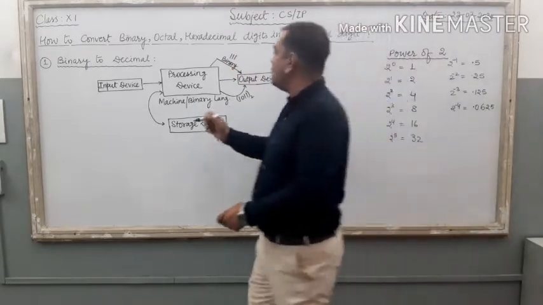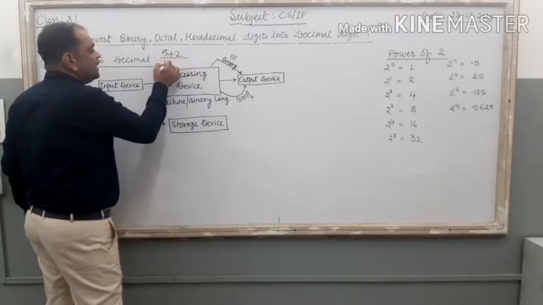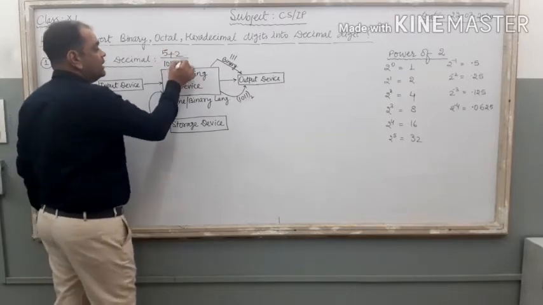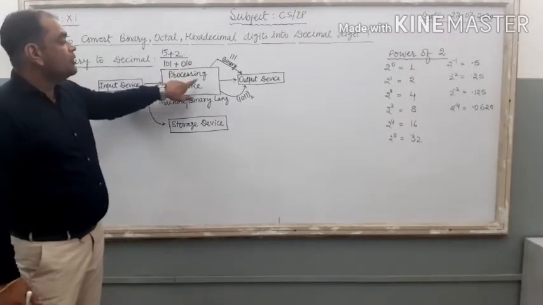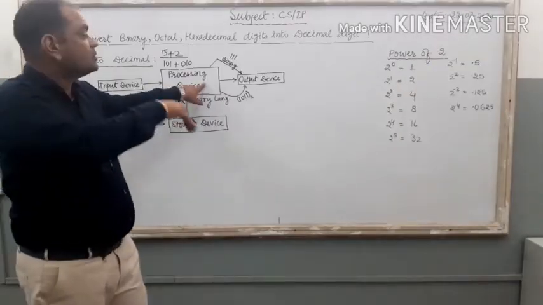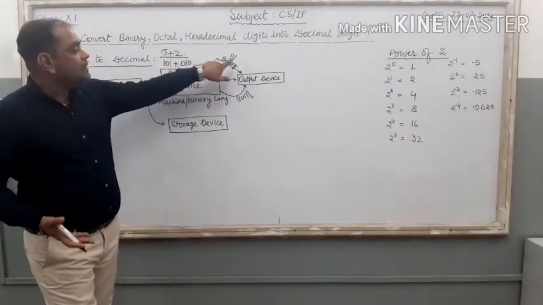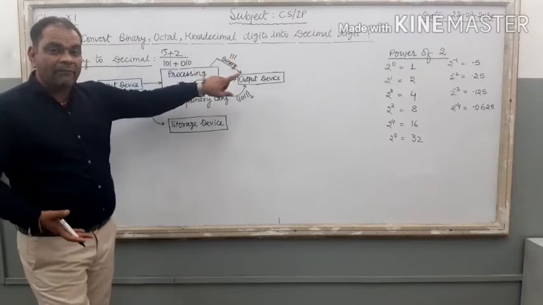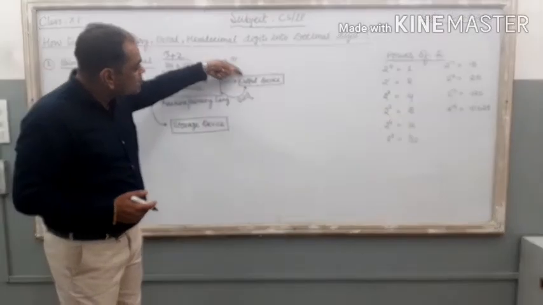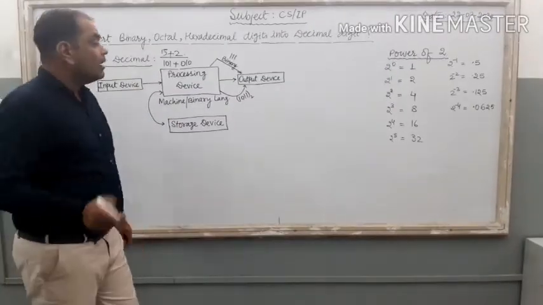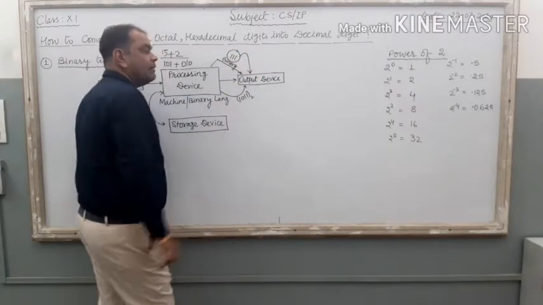If we supply a calculation, 5 plus 2, the computer converts 5 into 101, converts 2 into 010 in binary form, and this binary equation is solved at the processing device. The result is 111 in binary language, and this result travels from the processing device to the output device.